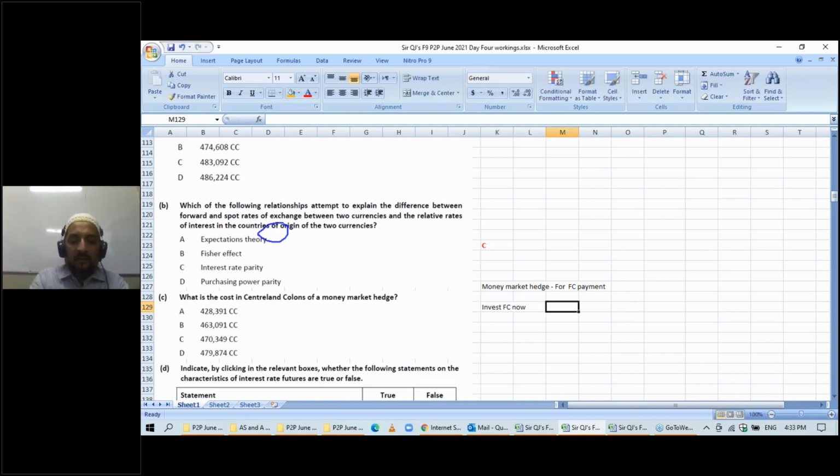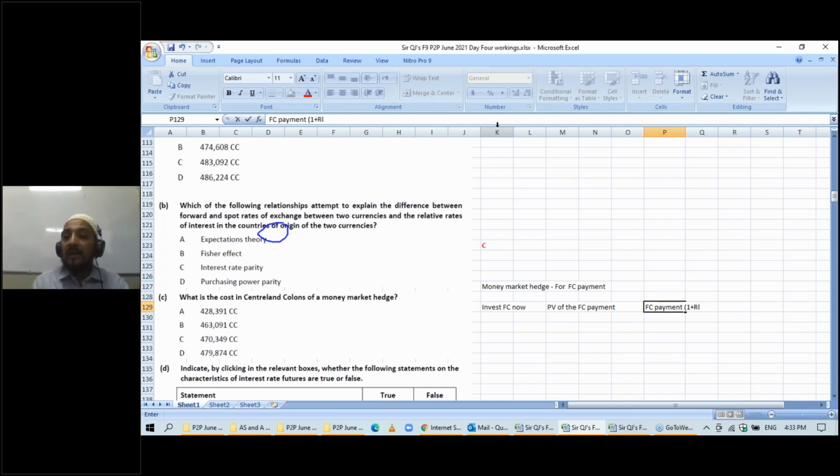For this, we will calculate the present value of the foreign currency payment, and the formula for this is foreign currency payment divided by 1 plus rate of lending.